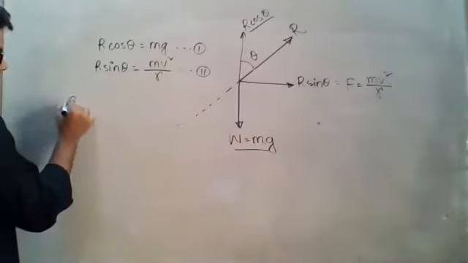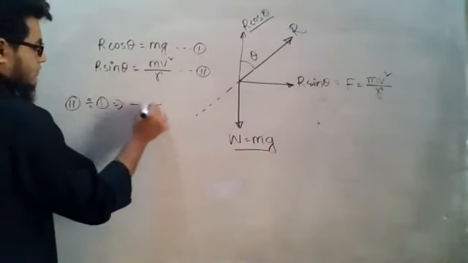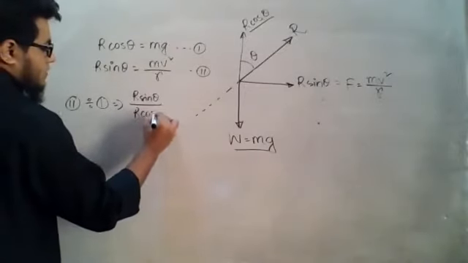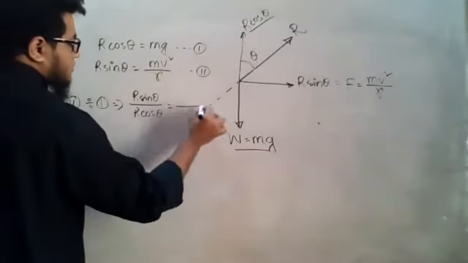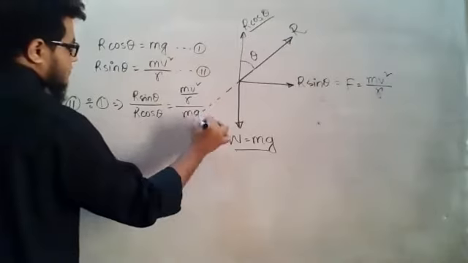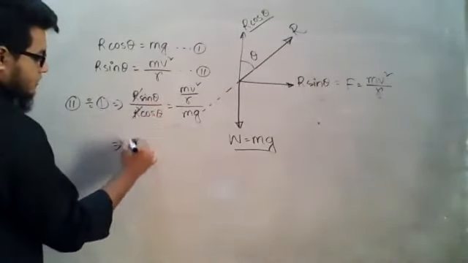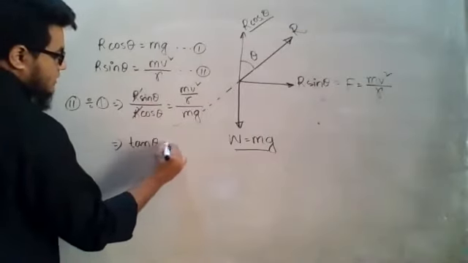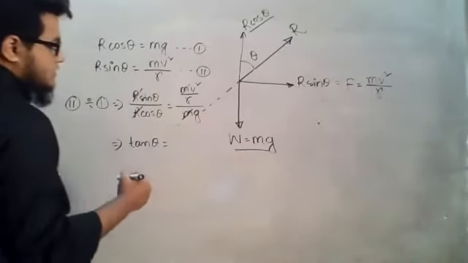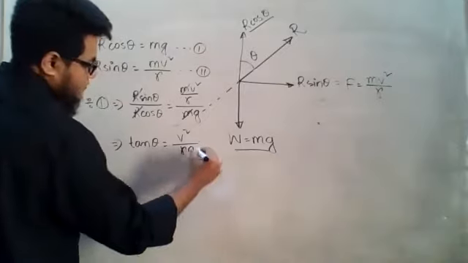If I divide equation 2 by equation 1, then what will happen? r sin theta divided by r cos theta will be equal to mv square by r divided by mg. So r and r will cancel each other. Sin theta by cos theta will become tan theta is equal to m and m will be cancelling each other, so it will become v square divided by rg.